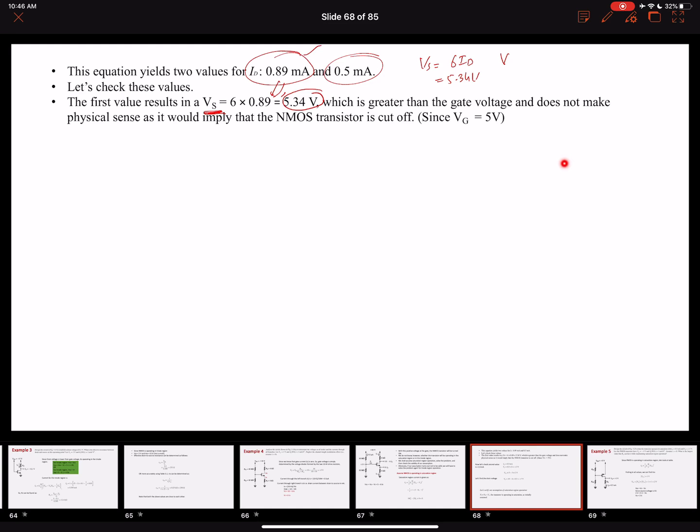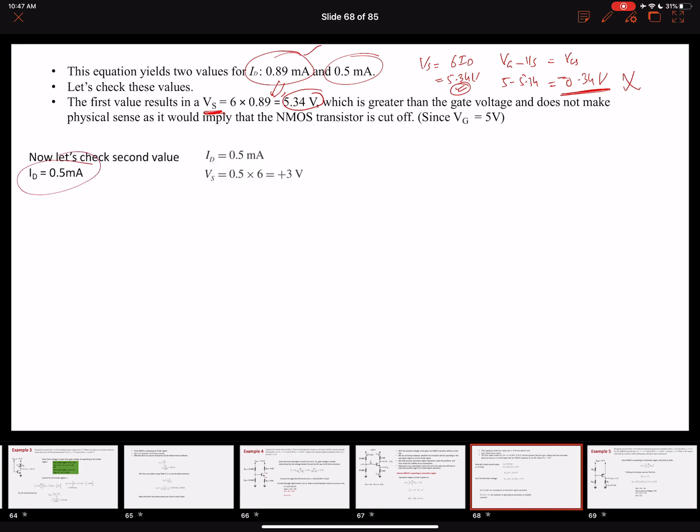So if I assume this 5.3 volts value to be true, then my VGS comes out to be minus 0.34 volts, right? So this means that the transistor is cut off, which is not true. So we are done with the 0.89 milliamperes root. Now let's check the other root, 0.5 milliamperes.